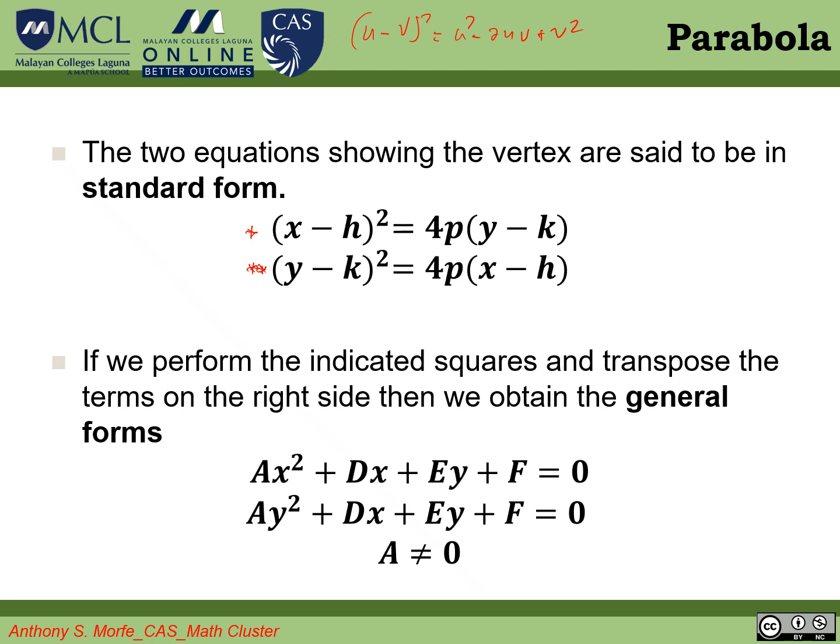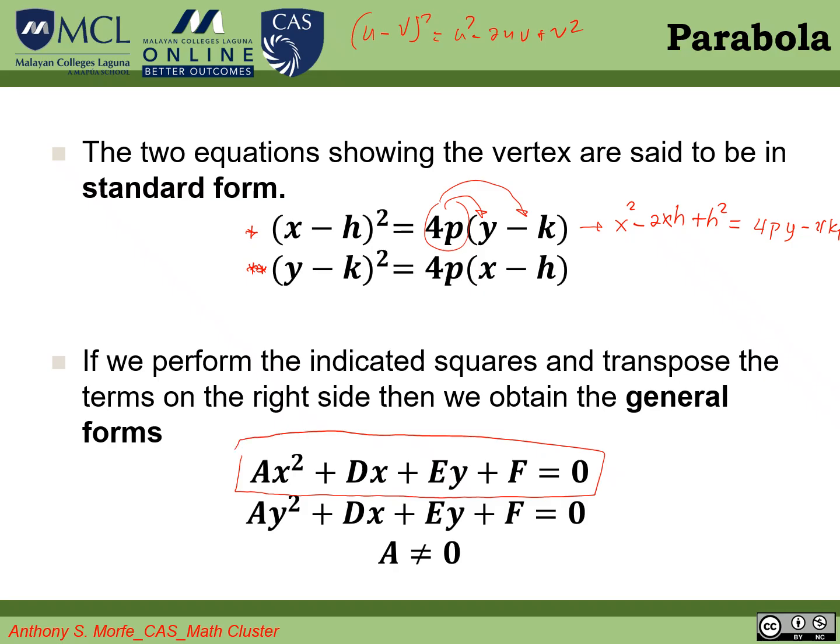If you expand this binomial, this will be x squared minus 2xh plus h squared, equal to 4py minus 4kp. Alright, and make the right side equal to 0. Put everything to the left side, and then we will have this form, class. And this is the general form of the equation.